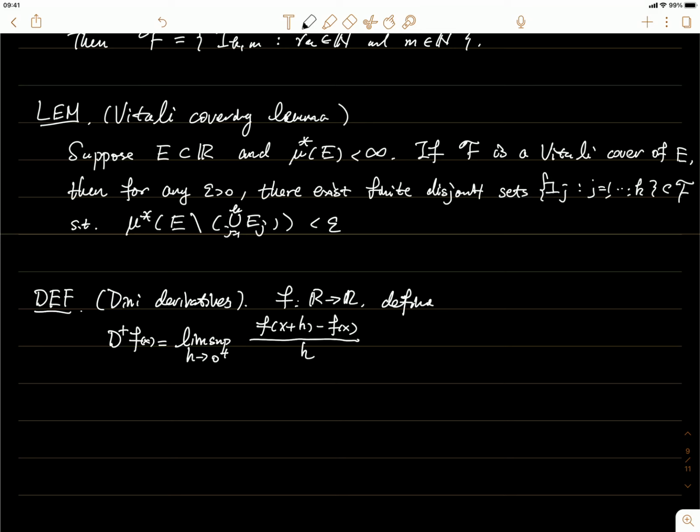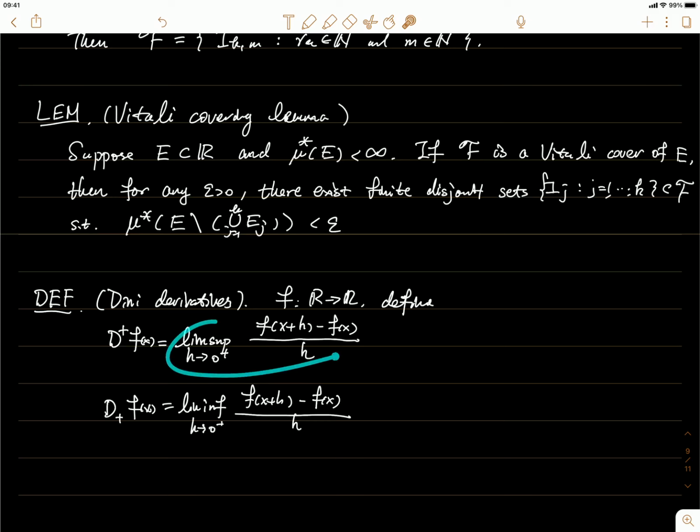Okay, and similarly the lower D plus here is the lower limit of f of x plus h minus f of x divided by h. And you know that if these two limits are equal, that means the upper limit is equal to the lower limit, that just means that the limit exists and it's called the limit.